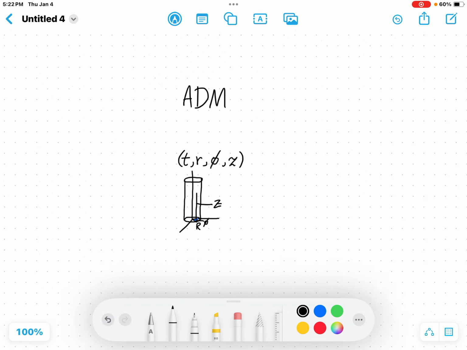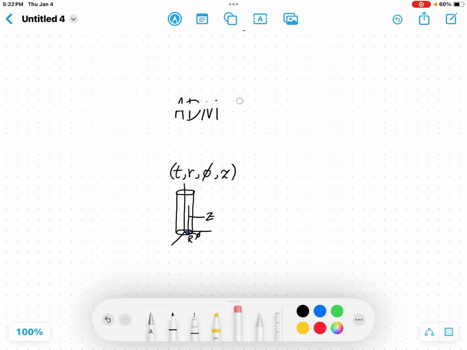So that's my cylindrical coordinates. Just so you know, it's still an orthonormal basis, but I didn't say this at the beginning of the course: we will not necessarily be working in an orthonormal basis all the time.